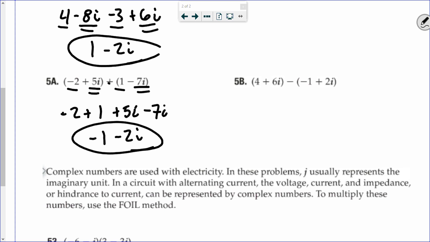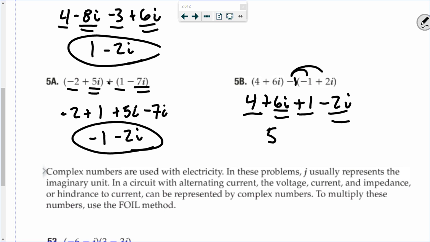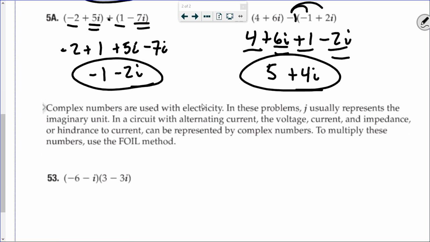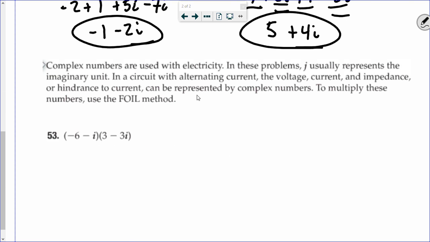For 5b, I would have probably distributed that negative. 4 plus 6i plus 1 minus 2i. Then combine the real parts, so 4 plus 1 is 5. Combine the imaginary parts, 6i minus 2i, so positive 4i. Okay, so adding complex numbers, subtracting complex numbers, pretty straightforward. It's very much like just combining like terms.